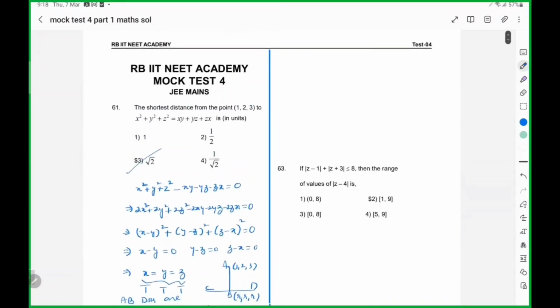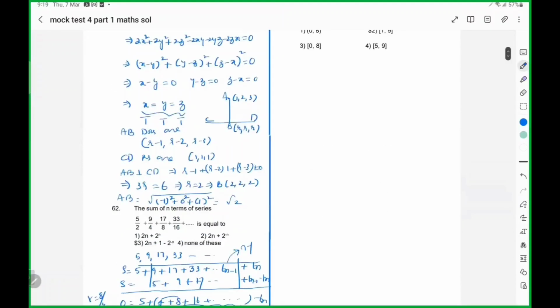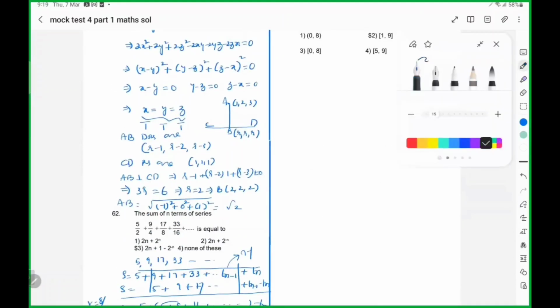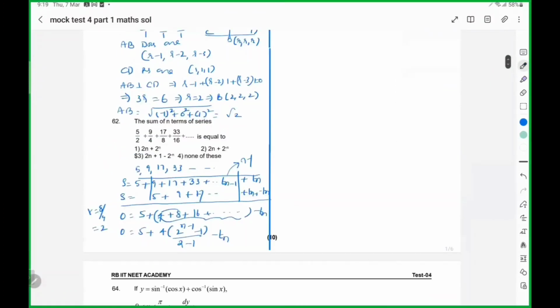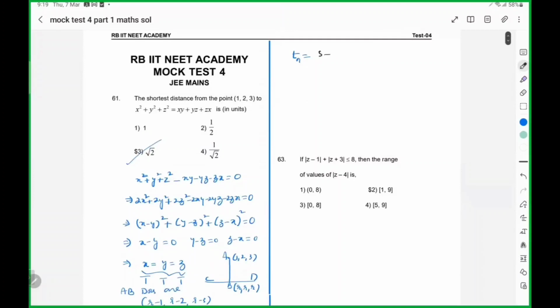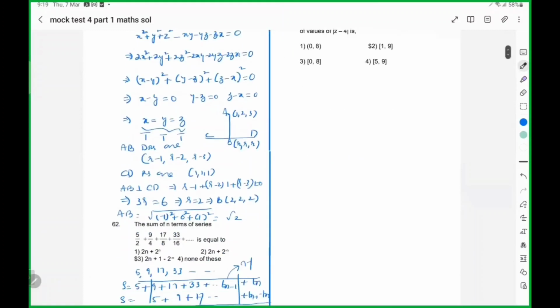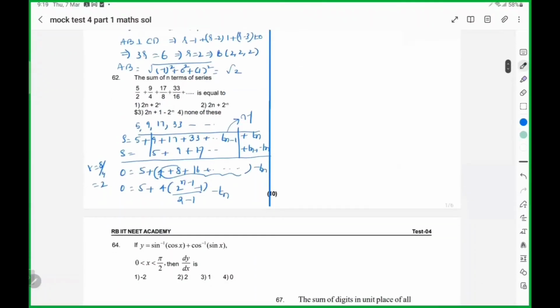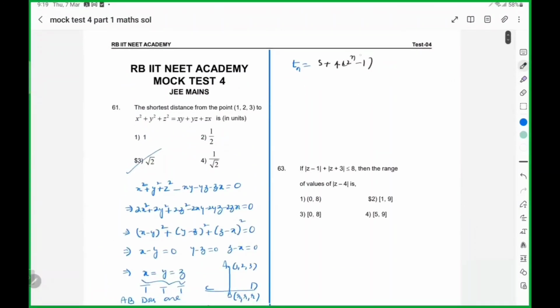So from here I can write Tn as 5 plus 4 into (2 power n minus 1 minus 1).